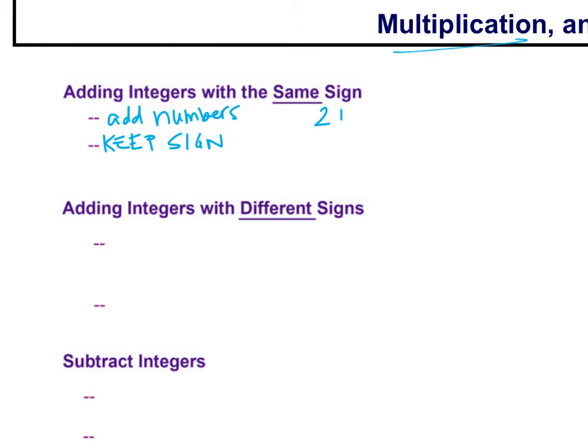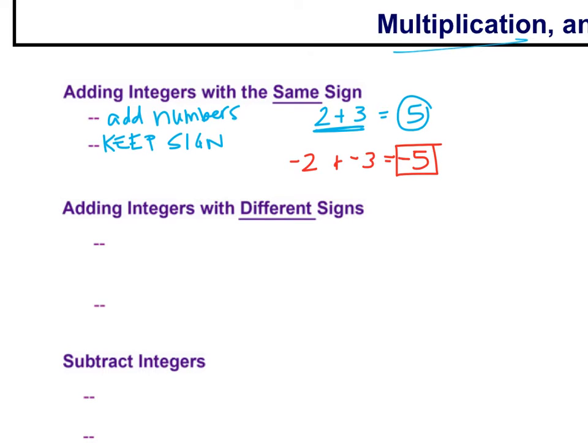So 2 plus 3, I add the numbers and I get 5. These were both positive, so my answer is a positive 5. Now if both integers were negative, so if it was a negative 2 plus a negative 3, I would add the numbers 2 plus 3 and get 5 and keep the same sign, so it would remain a negative 5.